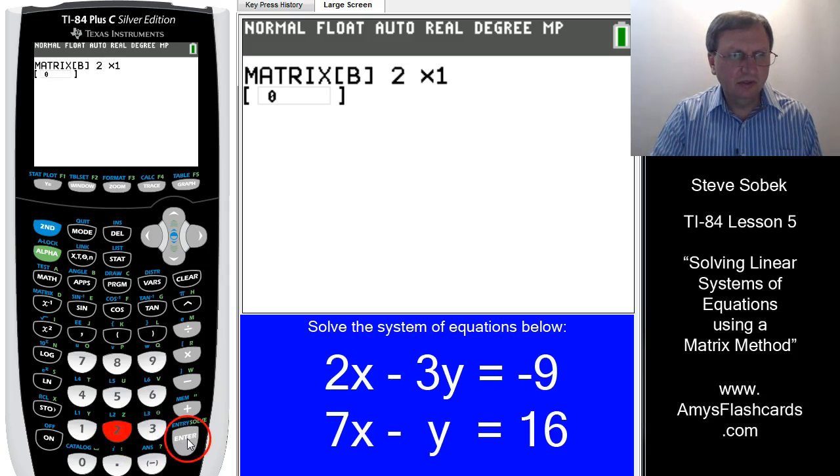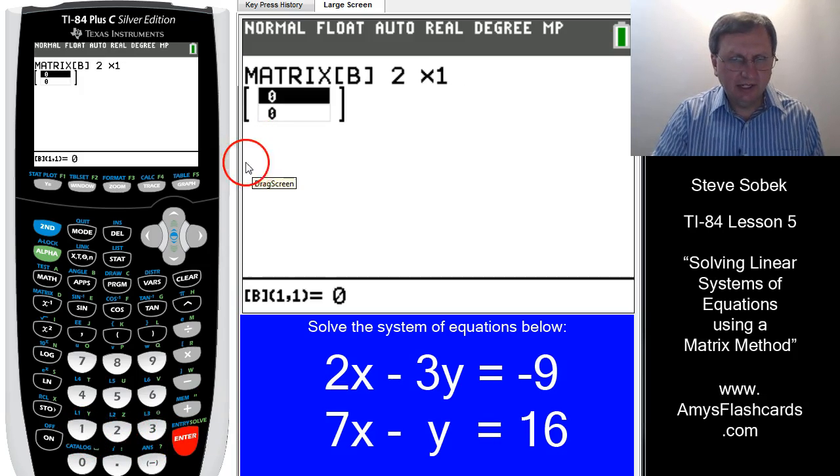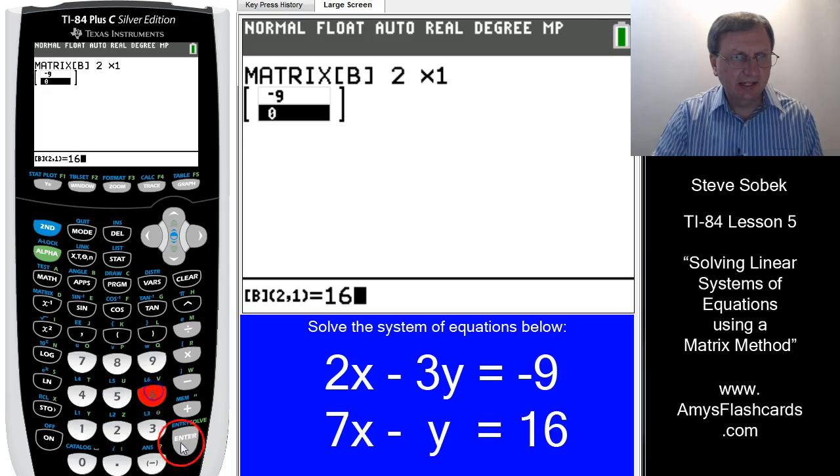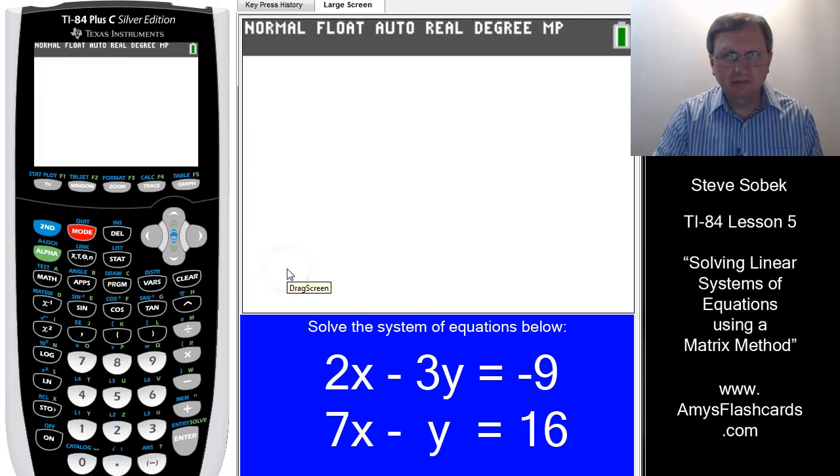So 2, enter, 1, enter, and the 2 values were negative 9 and 16. Negative 9, enter, 16, enter. We're done defining our 2 matrices, and let's hit second quit to get back to the home screen.